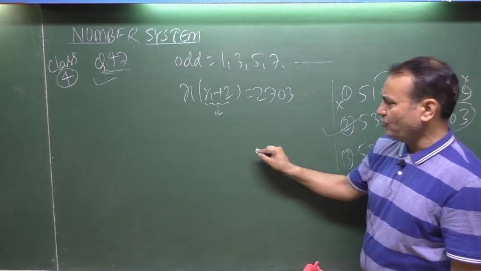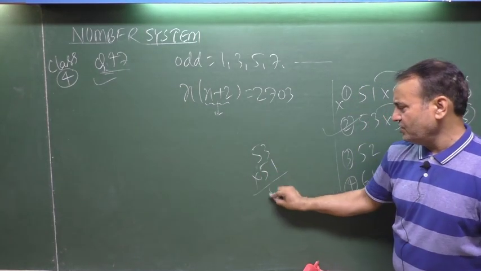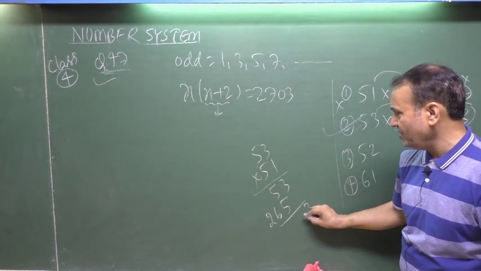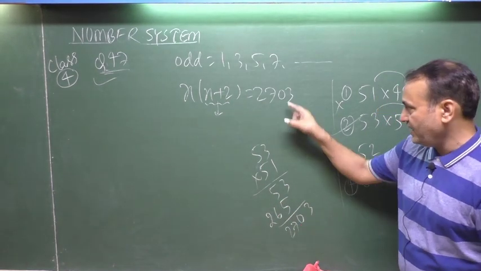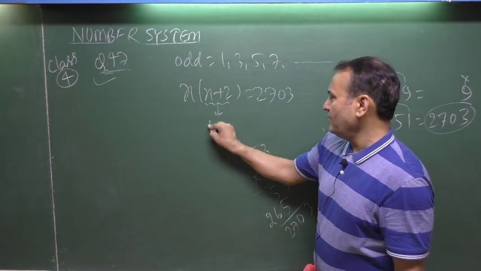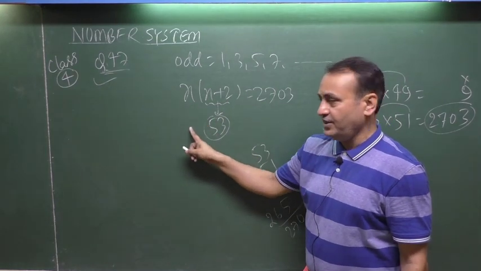I am showing you the calculation as well. 53, 51, after multiplication, see here, 3, 0, 27, exactly same. That means this is your right answer. In option 53 should be here, then this will be 51.